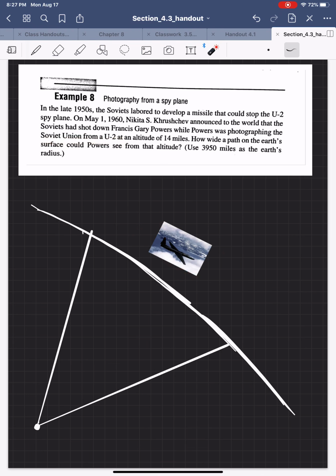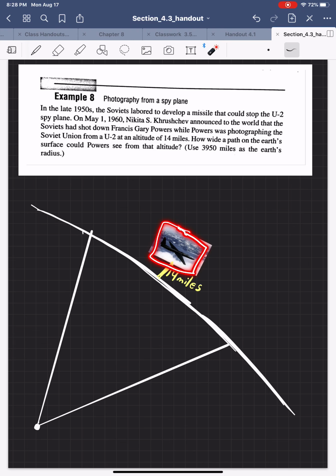Okay? Now, Powers was at an altitude of 14 miles. So 14 miles was the altitude. All right. So from 14 miles, now the question is, just imagine that you're up here, you're 14 miles in altitude in this spy plane.